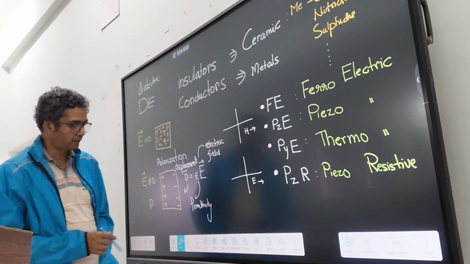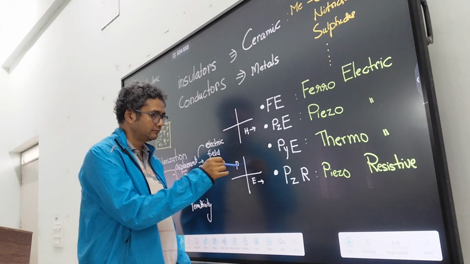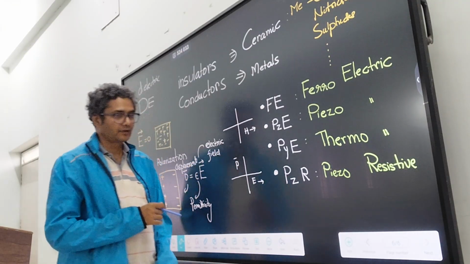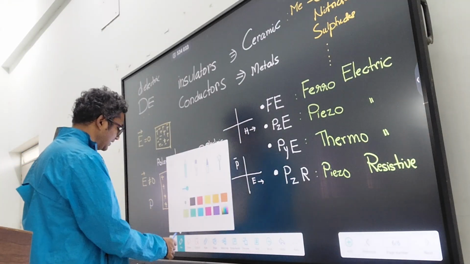So if I plot P versus E, I will get a plot like this.